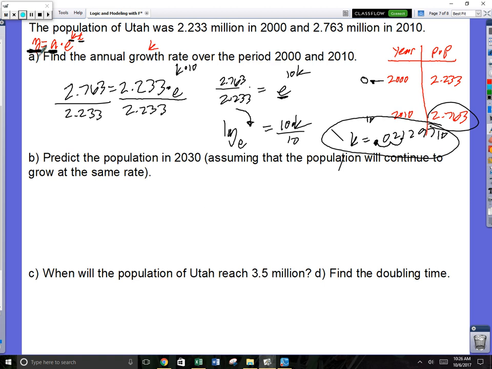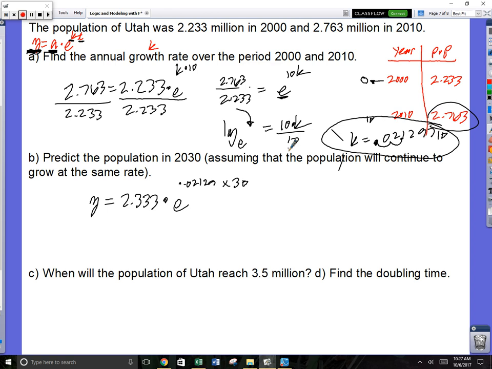Now this time, I don't know the end result, but I do know I'm starting with 2.233, and I times that by e, and I know my k is this 0.02 blah blah blah number, and I'm going to times that by 30. So this one I just plug everything into the calculator. There's no algebra, this is just straight up arithmetic.